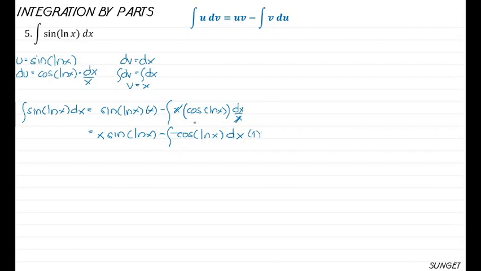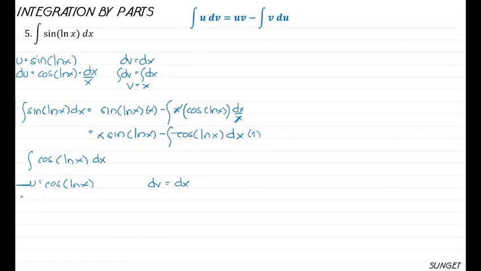Then to evaluate this integral we're going to use integration by parts again. So we have the integral of cosine of ln x dx. Let u be equal to cosine ln x and dv be equal to dx.